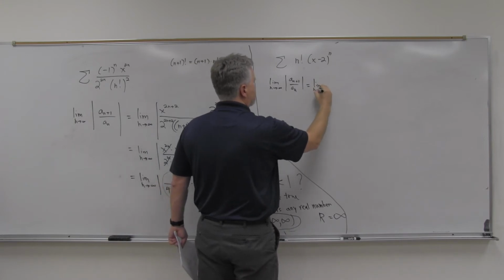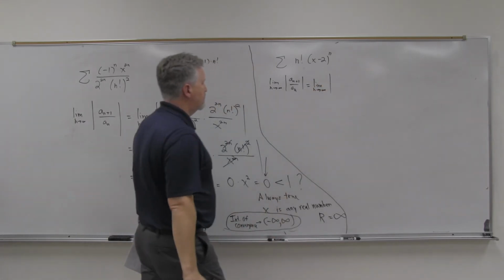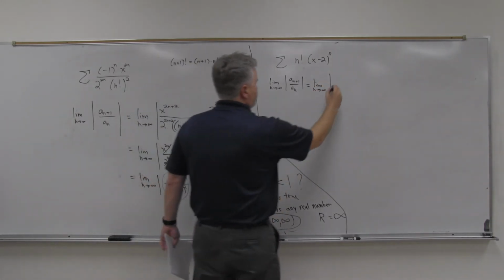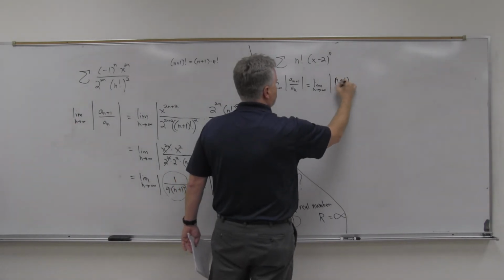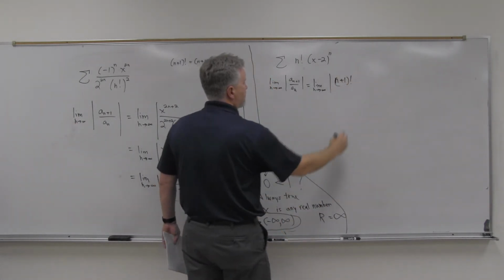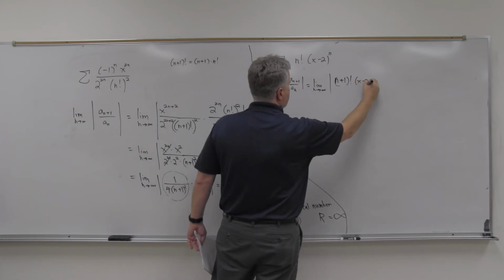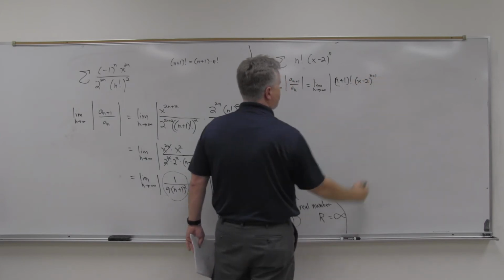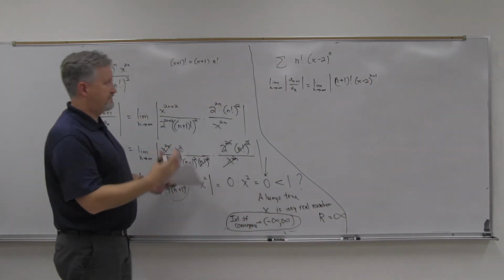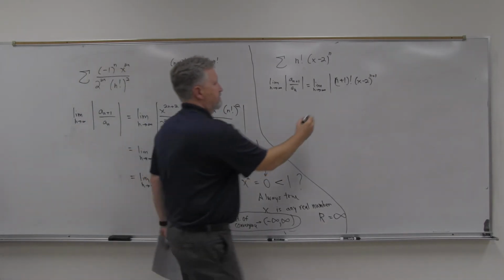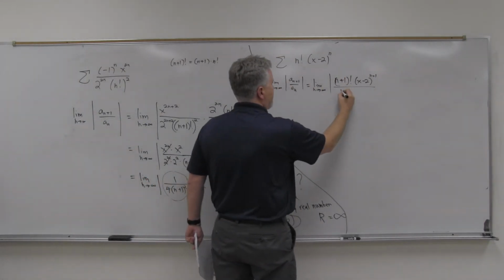Well, it'd be n plus 1 factorial times (x minus 2) to the n plus 1. And so, since we don't have denominators here on this one, let's just go ahead and divide by a sub n, which is that.